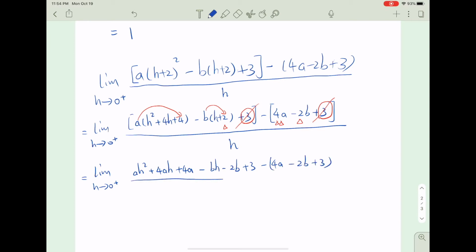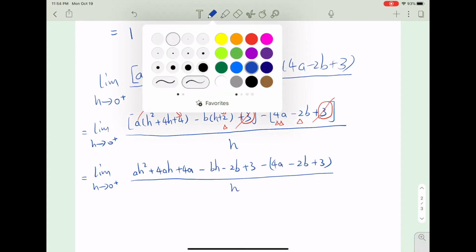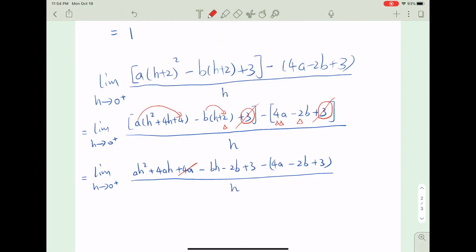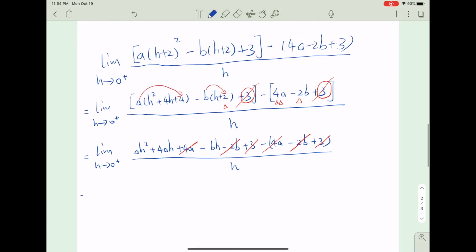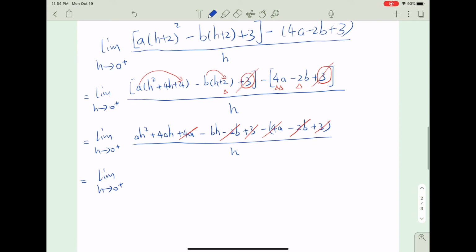And as promised, this 4a cancels with this 4a, and this 3 cancels with this 3, and this 2b cancels with this 2b. Okay, so we are left with ah squared plus 4ah minus bh altogether over h.